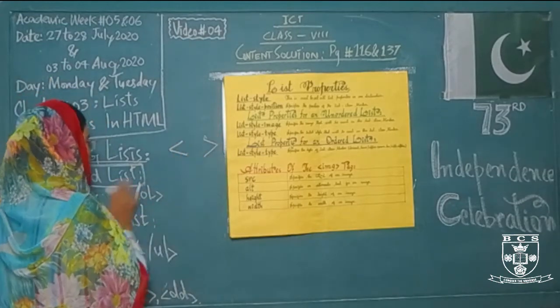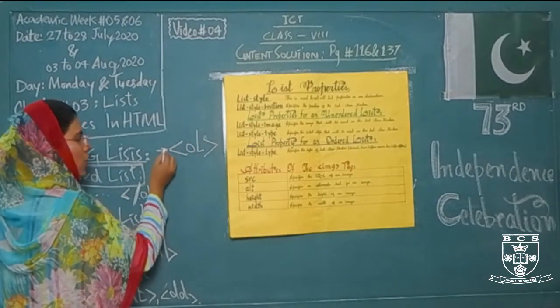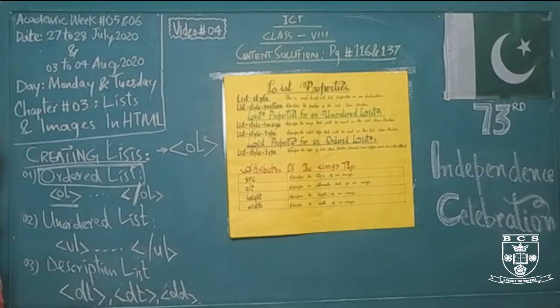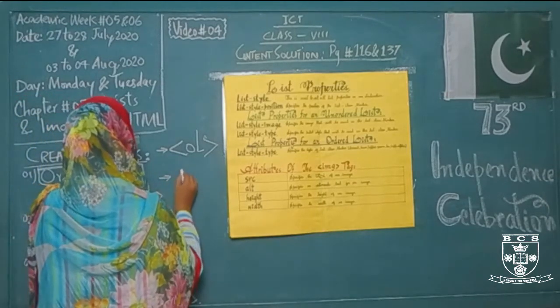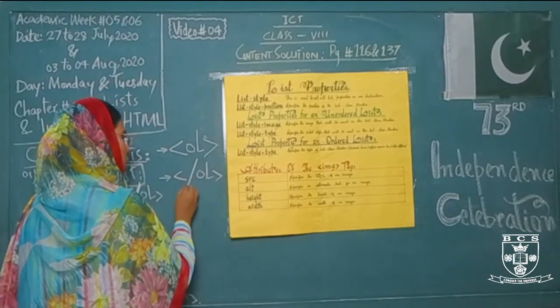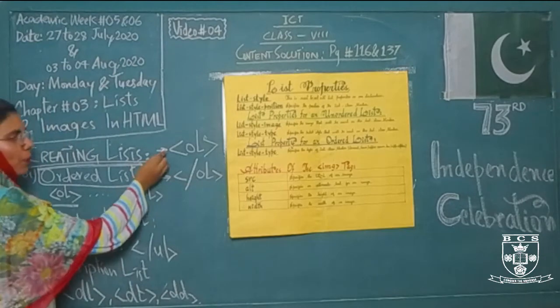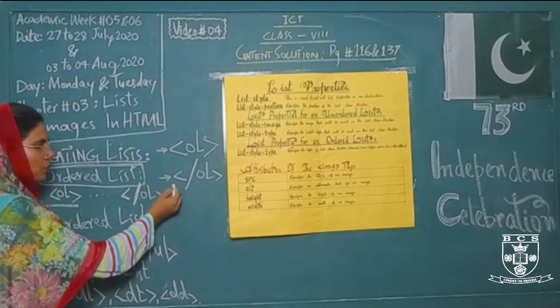For example, for my ordered list, I will mention OL. This tag is used for opening an ordered list, and if I want to end my ordered list, the tag changes just by adding a slash. So this is the opening tag, and this is the closing tag for the ordered list.